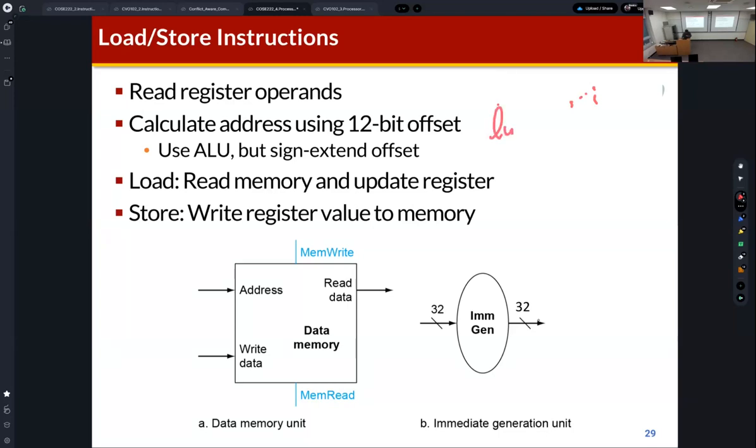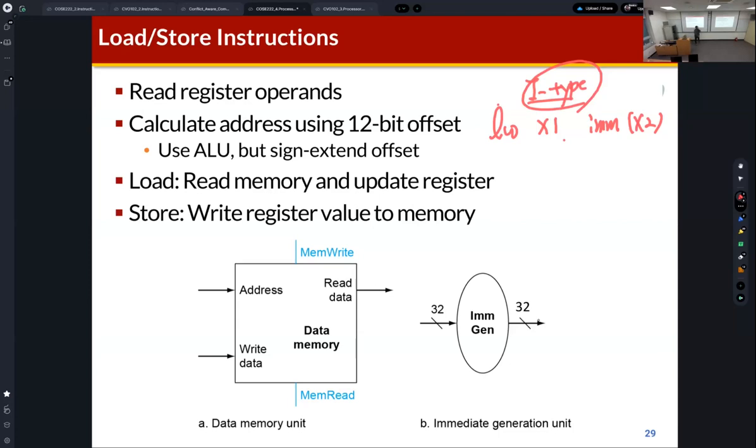This is an example of a load instruction. The load instruction is actually an I-type instruction. So what does that mean?